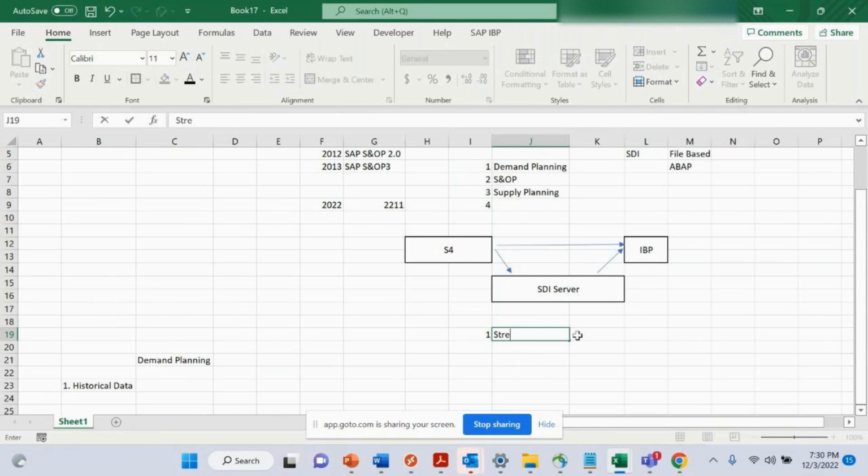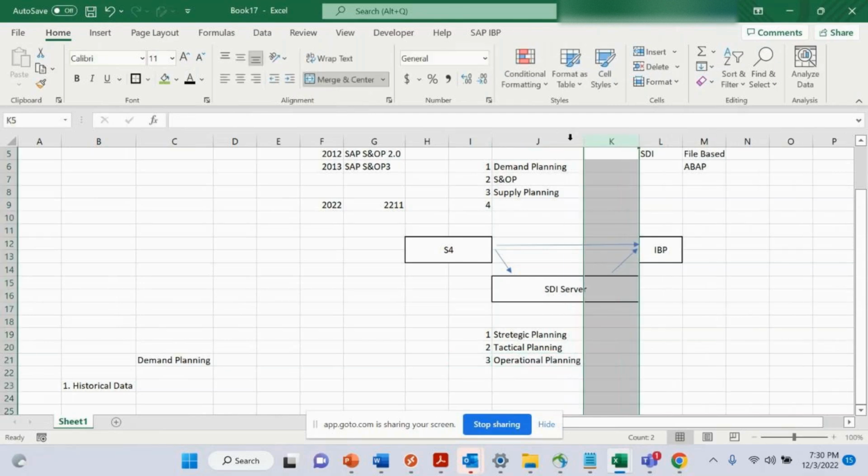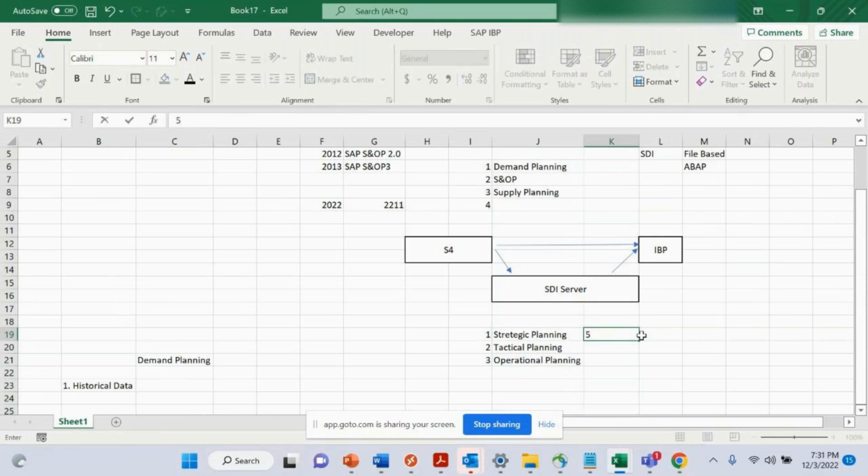First one is strategic planning. Second one is called tactical planning. Third one comes as operational planning. Now these plannings are based on time horizons. Strategic planning covers 5 to 6 years in the future.